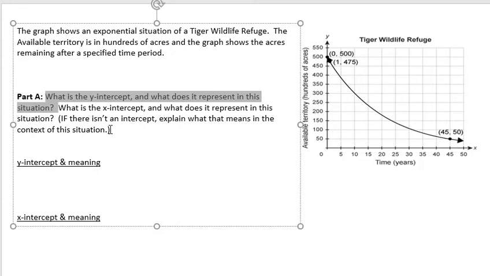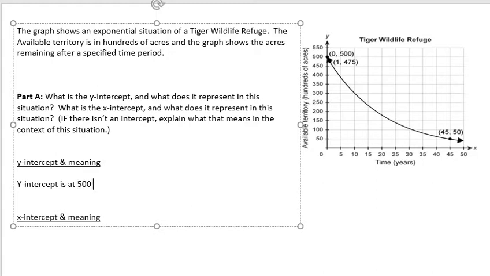Remember, your y-intercept is where x is equal to 0. So x is equal to 0 right here at 0, 500. If I write this out in words, the y-intercept is at 500, and that's going to be in hundreds of acres.